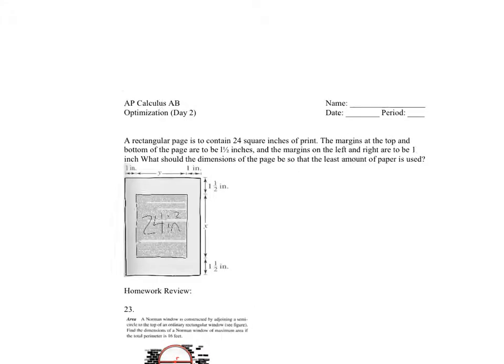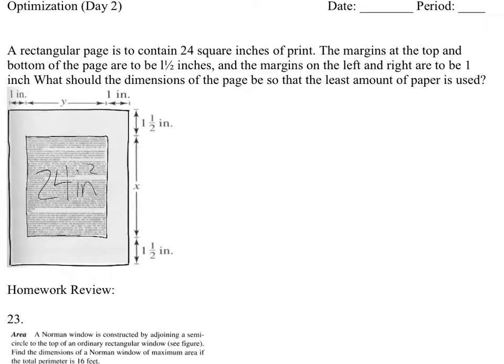Okay? Now, another parameter of this situation is that we want set margins, okay? Maybe we want to be able to write notes in the margins, maybe it's some kind of a textbook or something, or maybe we just like how it looks.